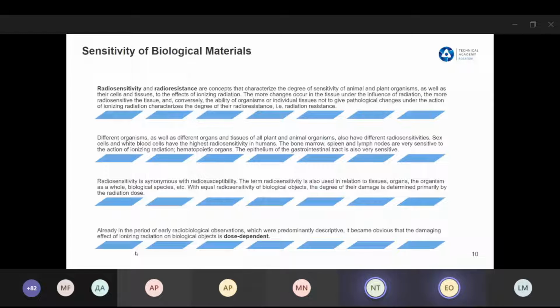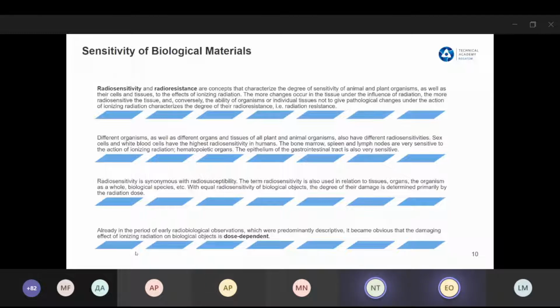Sensitivity of different biological materials to the action of ionizing radiation is significantly different. Radiosensitivity and radioresistance are concepts that characterize the degree of sensitivity of animal and plant organisms, as well as their cells and tissues, to the effect of ionizing radiation.